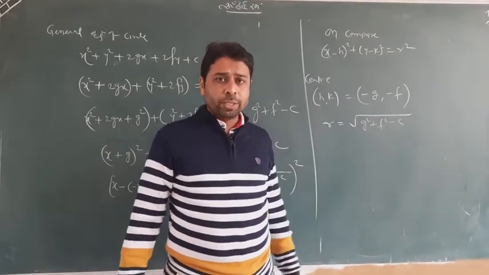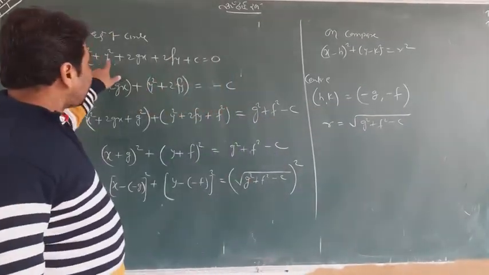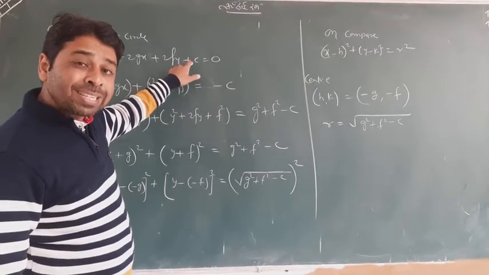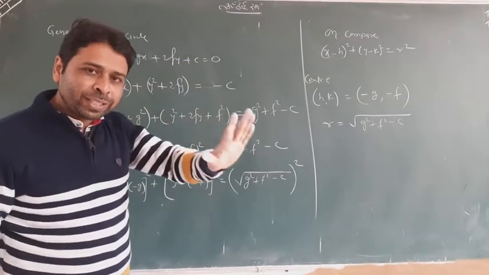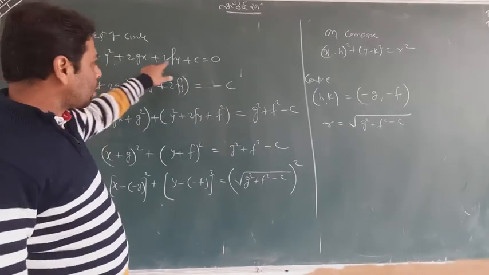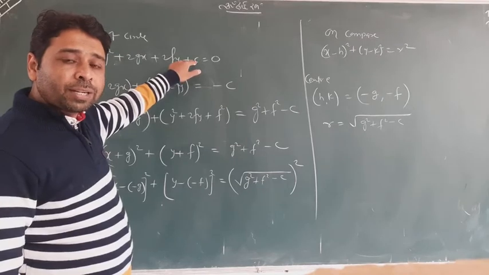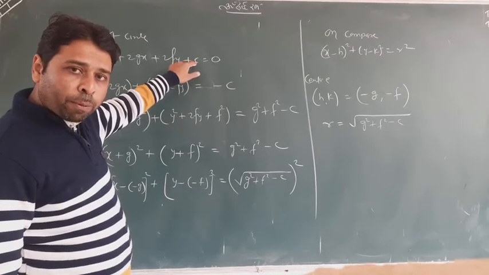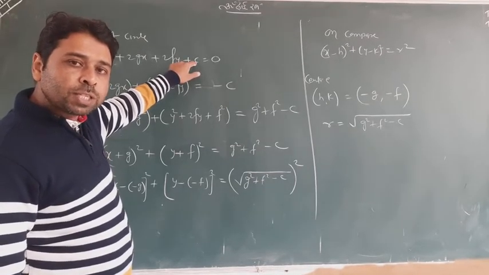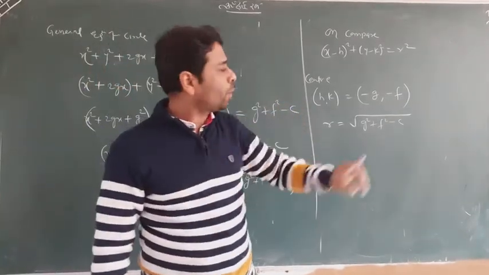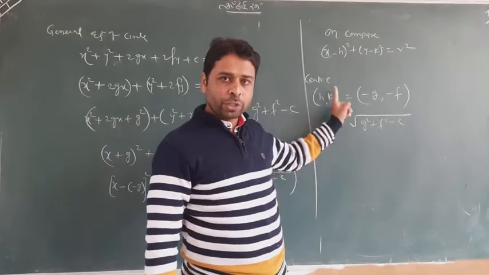Now remember, students, whenever this kind of general equation is provided to you, and you are told to find the center and radius, you don't do anything. You just compare with this equation. You find g, f, c. Again I say, whatever questions are given in this form, you first compare with this equation. You find g, f, c, and after finding g, f, c, you can find the center and radius. No h, no k.